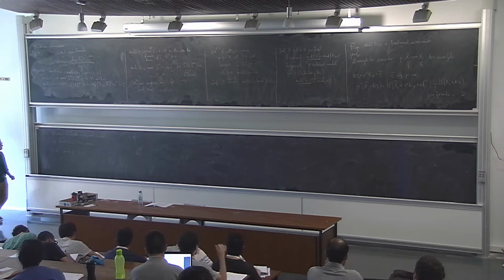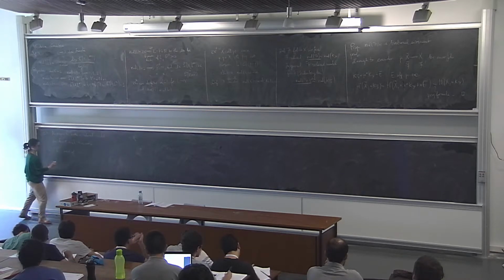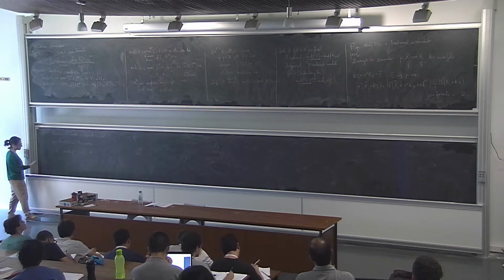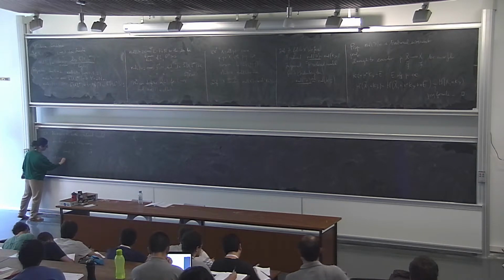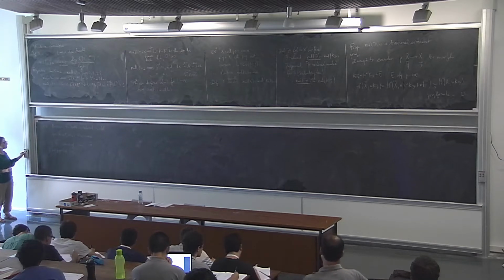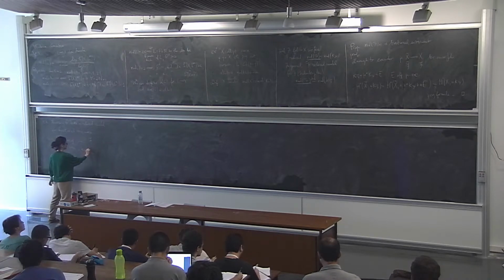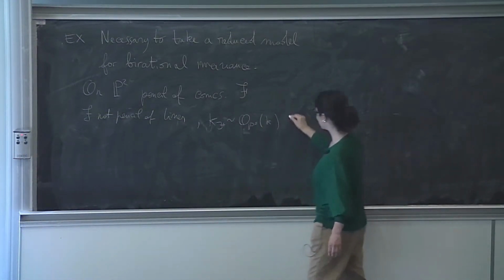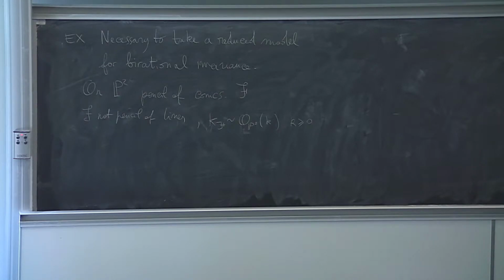I'm trying to reduce the computations as much as I can. So this pencil induces a foliation F. And since F is not a pencil of lines, its canonical will be O_P2(k) with k non-negative. We don't even need to compute what it is.